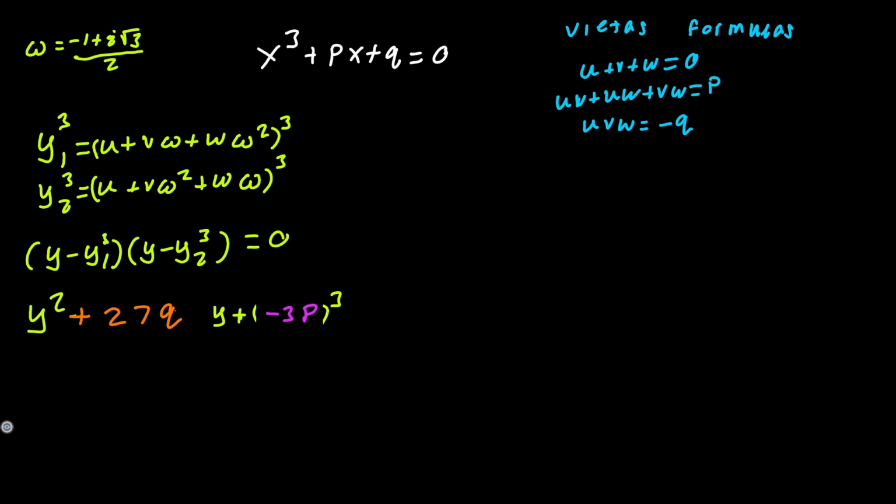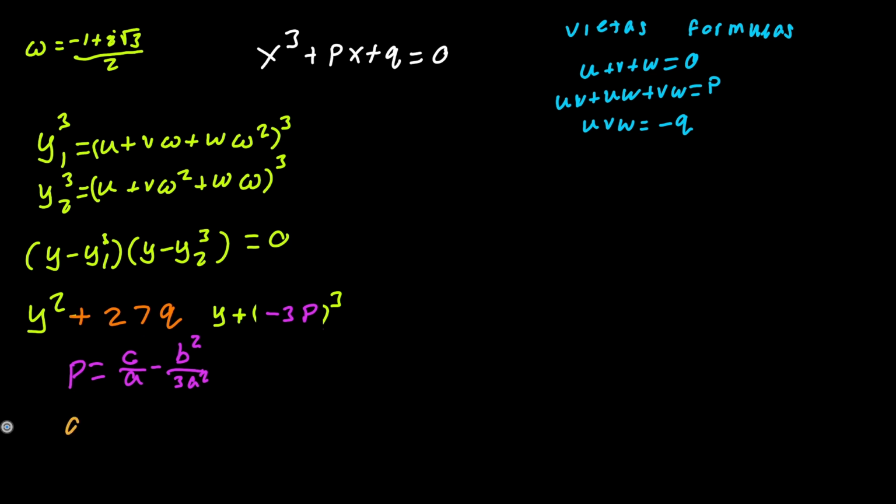And if we want to find the general resolvent for our cubic, we simply have to plug in p and q. For our general cubic, we have p is equal to c over a minus b squared over 3a squared.